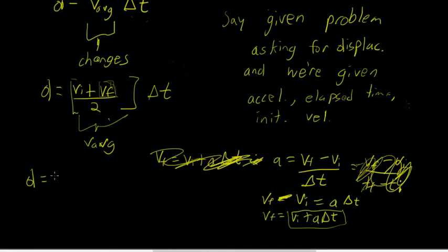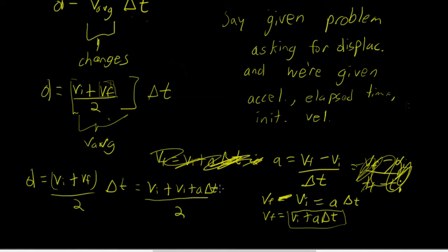So we have d equals vi plus vf over 2 times delta t. But we know that vf is equal to vi plus a delta t, so we're just writing that down. This whole thing is divided by 2.